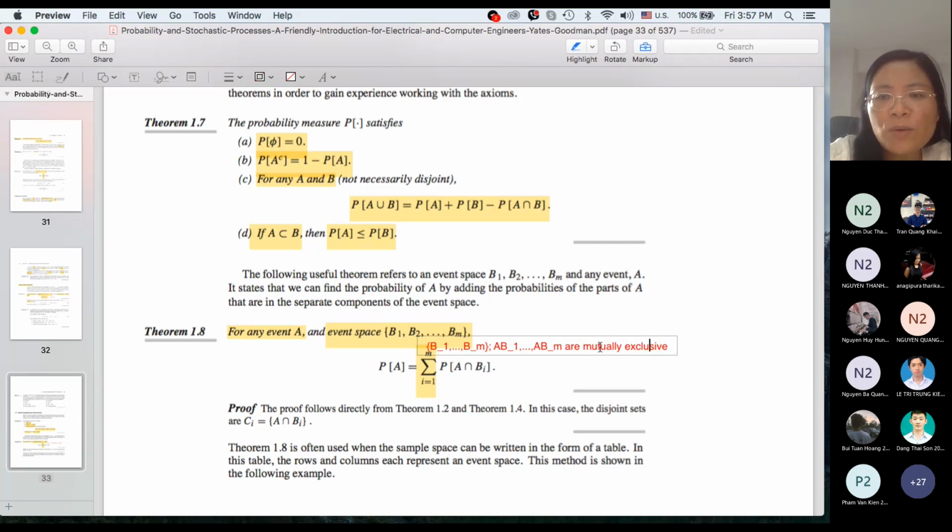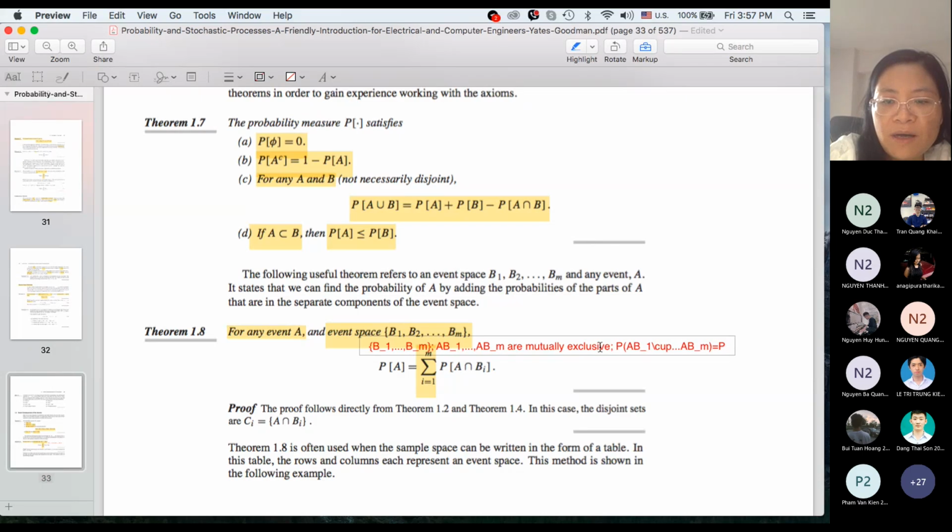Because they are mutually exclusive, we consider the probability of the event AB1 union up to ABm.